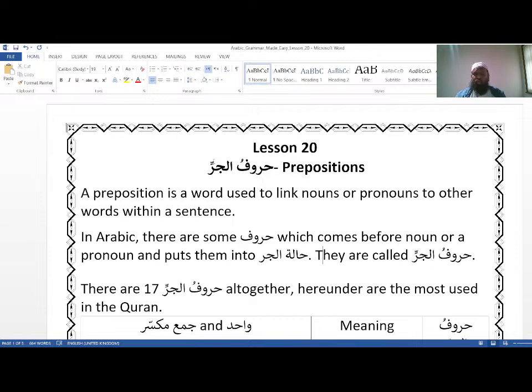They are called huruful jar. There are 17 huruful jar altogether. These are the common ones. Some grammarians go further; some say 30, some say 50. But most grammarians say there are 17. Hereunder are the most used in the Quran. So we're just going to learn nine of them.